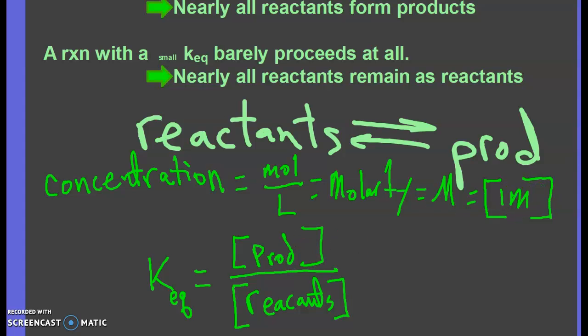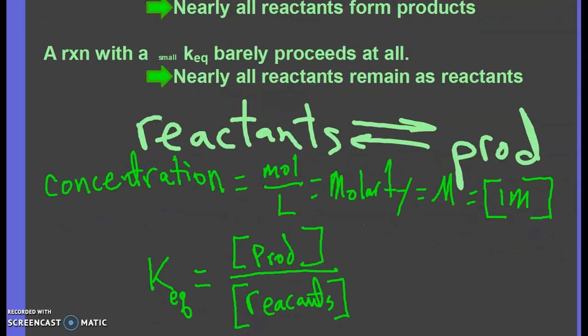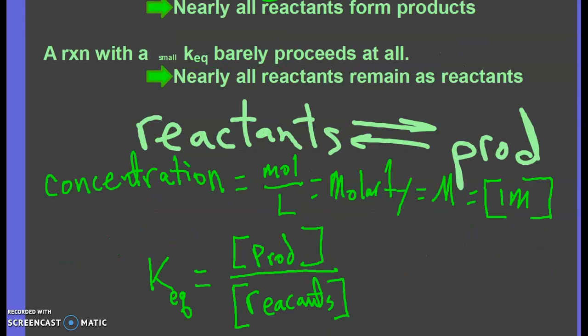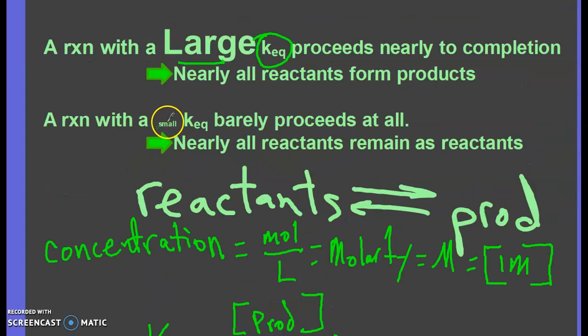We use this ratio, this fraction, to see where the reaction lies. If this equilibrium constant, this K, is a very large number, that means you have a lot of products compared to reactants. If it is a small number, that means we have a lot more reactants than products.